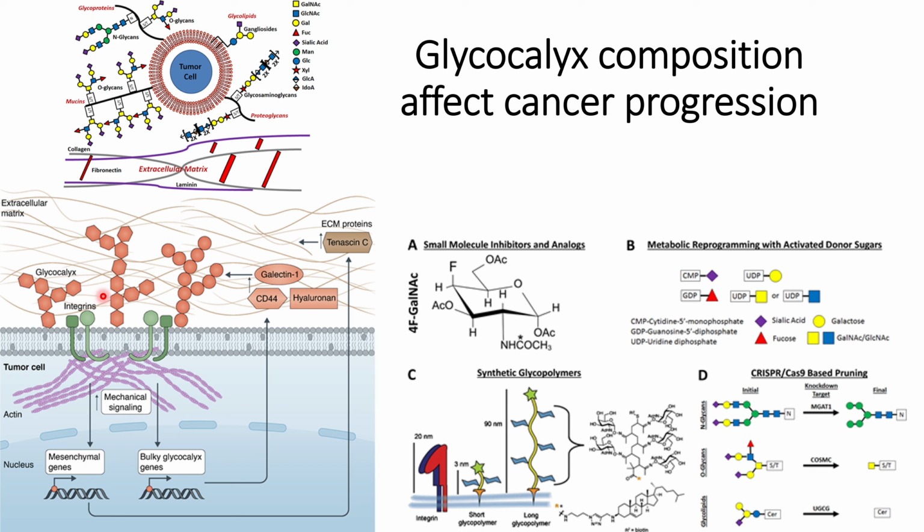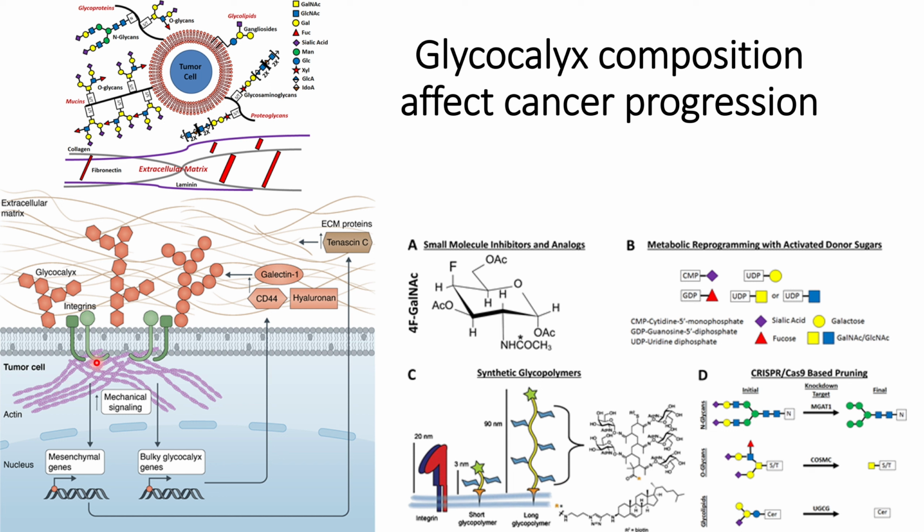The post-translational modifications, such as glycosylation, change because of the reprogramming within the cells, and the glycans expressed on the cell surface are different from those of normal cells.